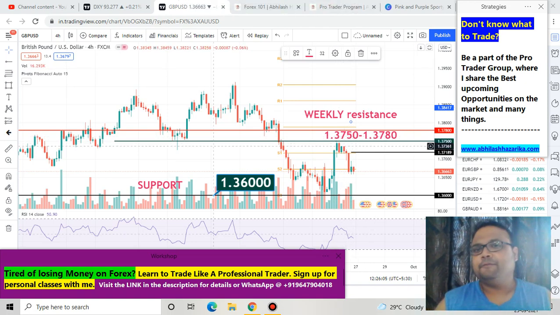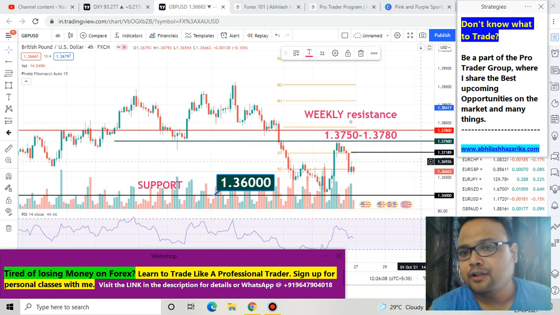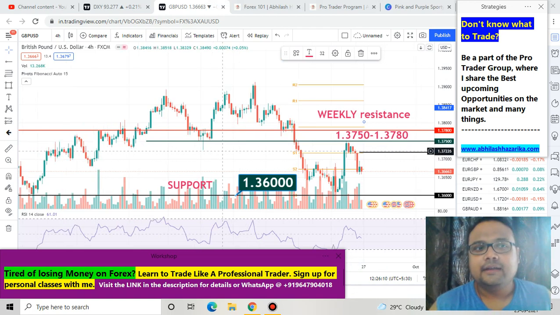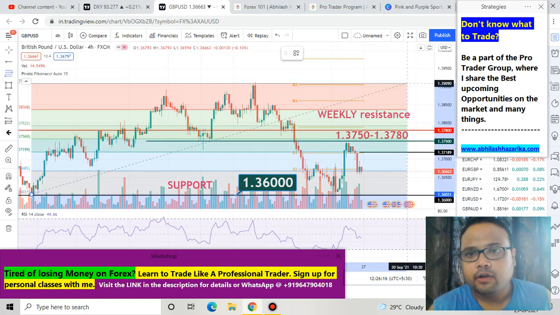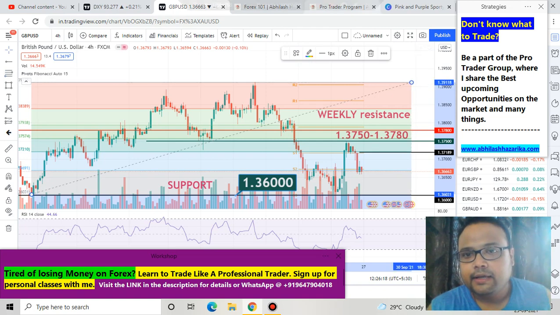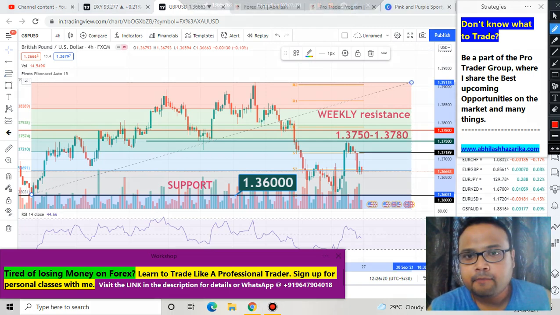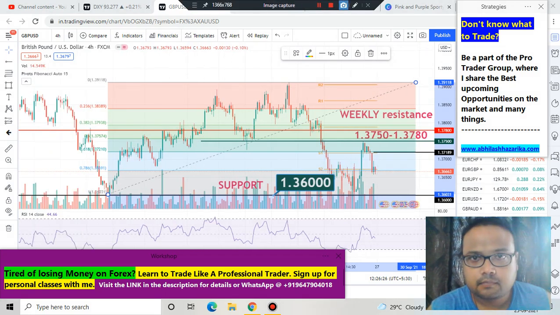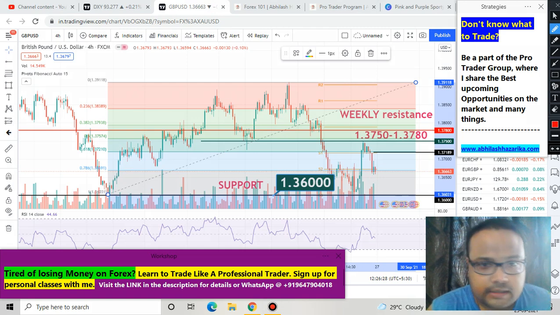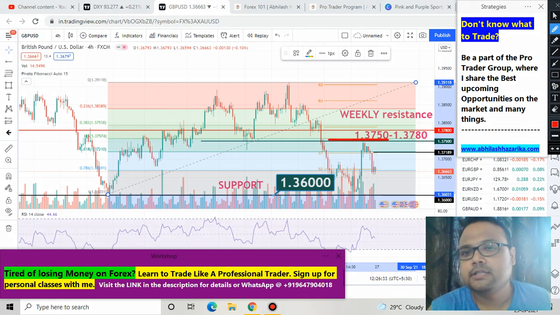And lastly, you can see that I have also drawn a black line here. Let me tell you why this level is important. If I draw the Fibonacci retracement here, then you can see that this is the 50% retracement level. 1.3750 is the 50% retracement level of Fibonacci.